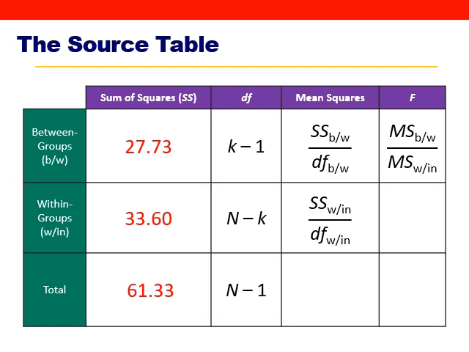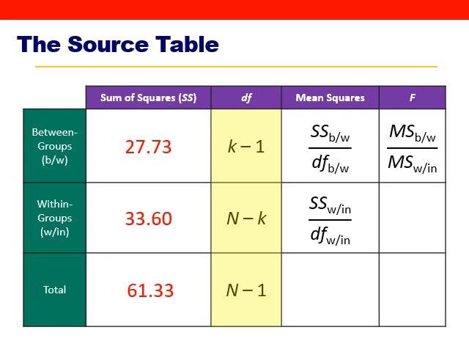We're now ready to fill in the second column of our table, which is the degrees of freedom. We know from a few slides ago that K tells us the number of groups that we have in our study. In this case, we had 3 groups. We also know that big N tells us the total number of people in our study, which in this case was 15. So our between group degrees of freedom, which is K minus 1, is going to be equal to 3 minus 1, which is 2.